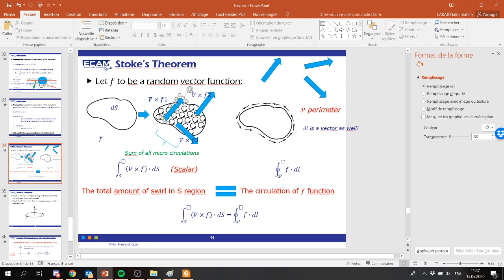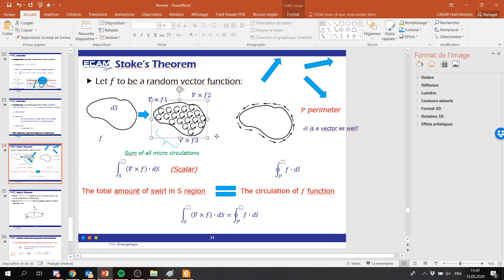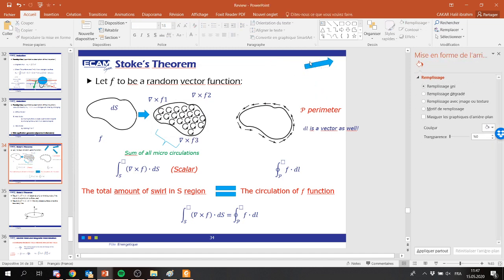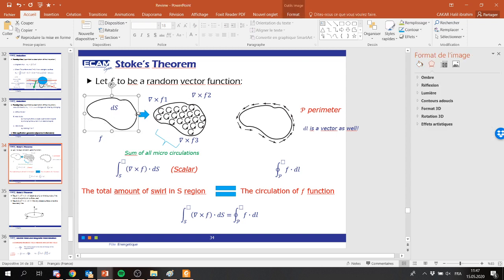In fact, for the guys who are not clear, I want you to think about a balloon, a hot air balloon. Let's say this is the circumference of the hot balloon, and there is a uniform airstream in Lyon, for instance, and we are investigating the total force in the balloon which lets it elevate in the air.